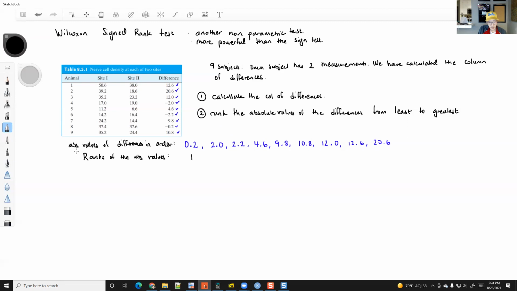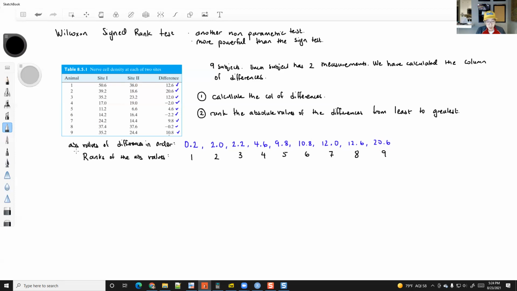This is 1, 2, 3, 4, 5, 6, 7, 8, and 9. So I put them in order from least to greatest, and then I rank them from 1 through 9. Okay, so far so good.